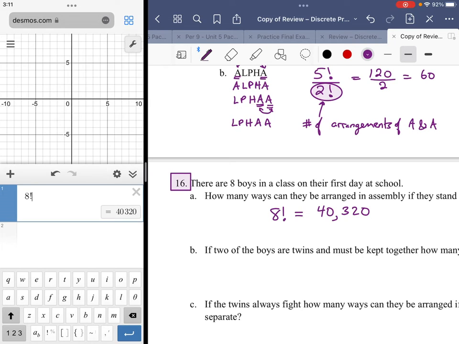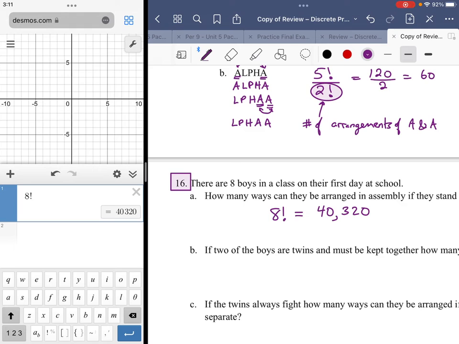All right, so 2 of the boys are twins that must be kept together. So it's kind of like a repeated letter in a word. You could even write a word with repeated values, like an 8-letter word where 1 letter is repeated.